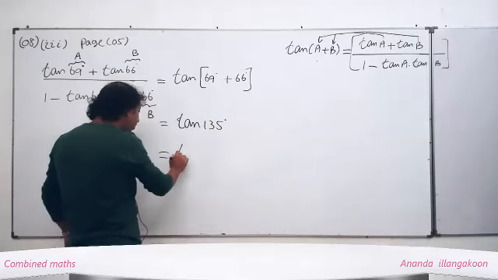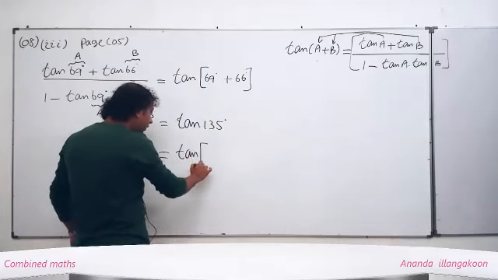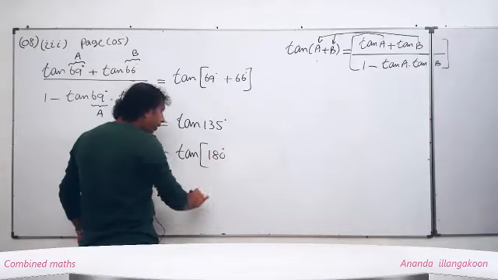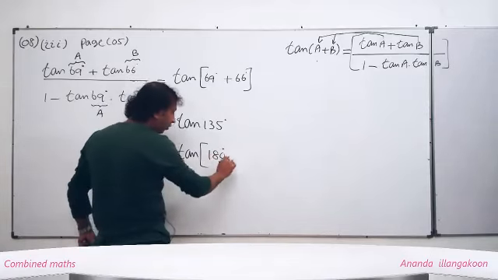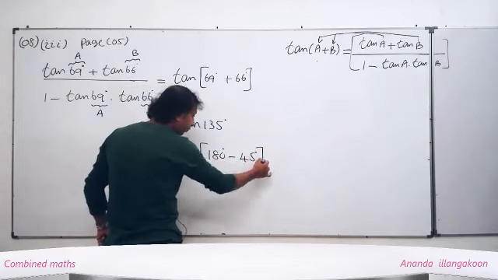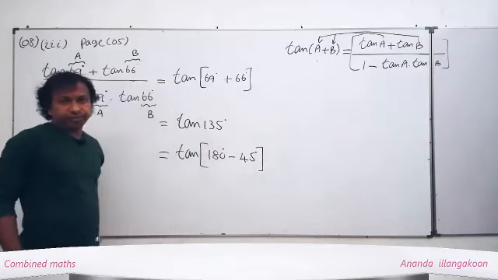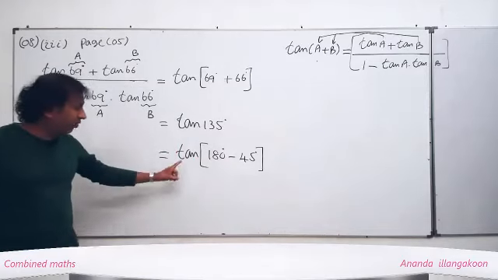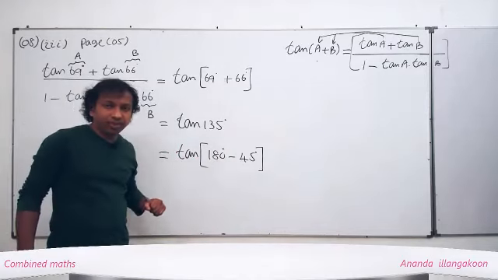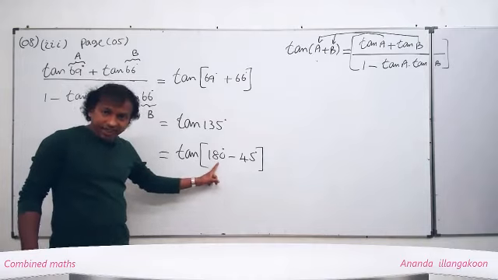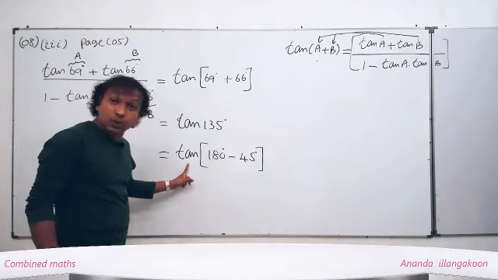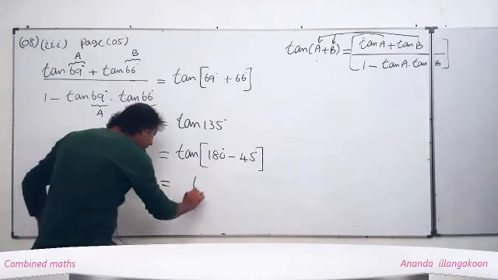People, this 135 angle I can write as 180 minus what, people? 45, no? 180 minus 45, this 135 comes. People, tell me what is tan (180 minus 45)? The first angle is on the x-axis, so does this change? No. Tan comes.